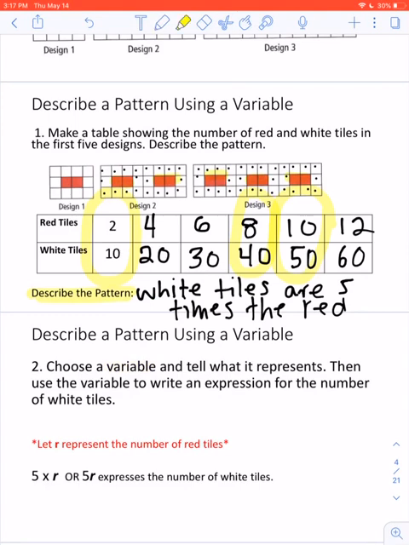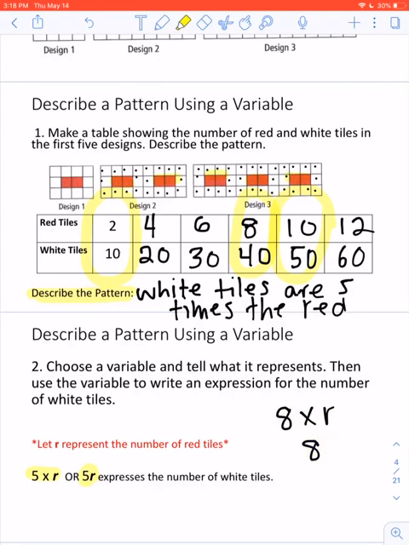So 5 times R, 5 times the variable, is the same thing as 5R. Okay, that's something that it's important for us to learn now. So if I said to you 8 times R, it's the same thing as 8R. When that R is attached to the 8, it actually just means the same thing as 8 times R. Okay, that's a new skill that we're learning, so you probably haven't seen that before.